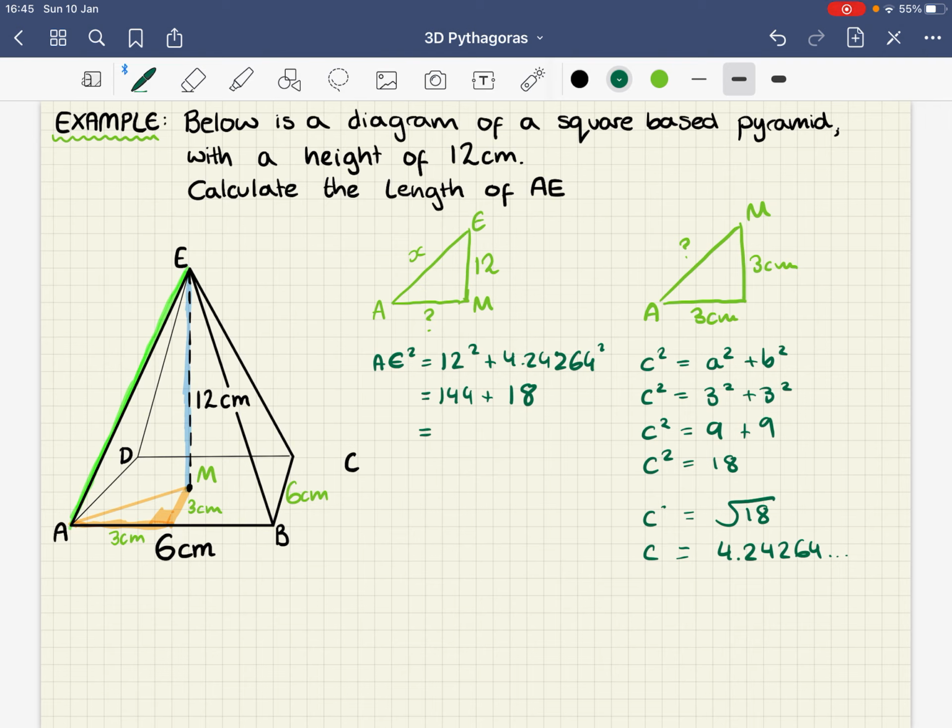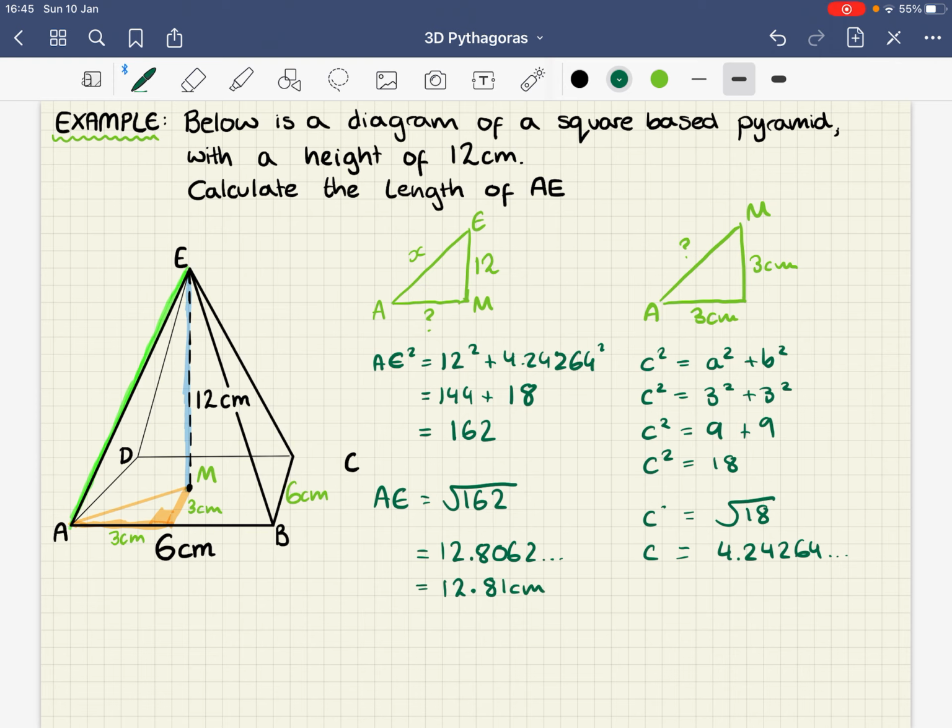And then add that up, that gets me 162. And so then AE would be the square root of 162. And that means that will come out to 12.8062 and so forth. Rounding that to 2 decimal places, that's going to be 12.81 centimetres.